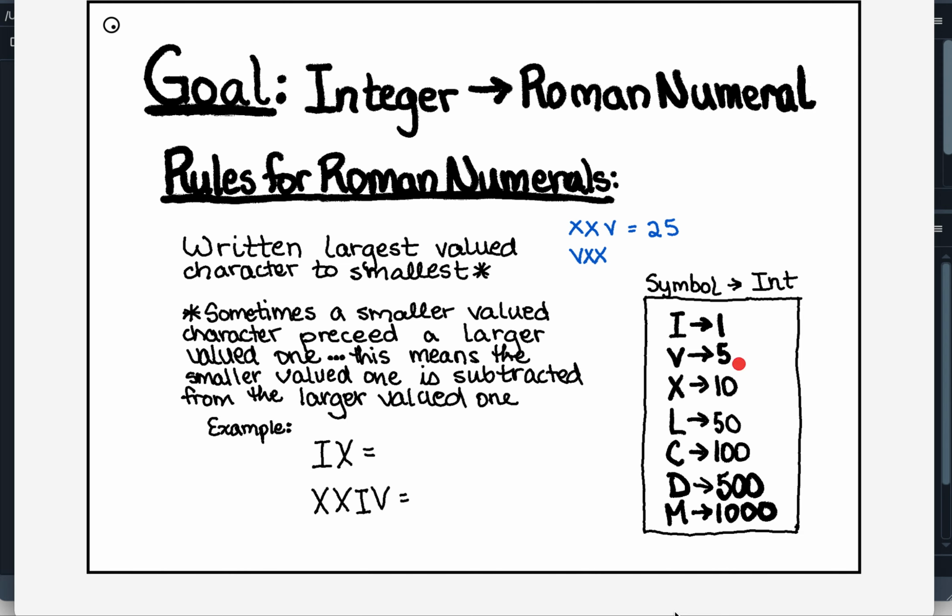As you can see down here in this table, V is equal to 5 and X is equal to 10. We see that this is the correct way to write 25, not this way.